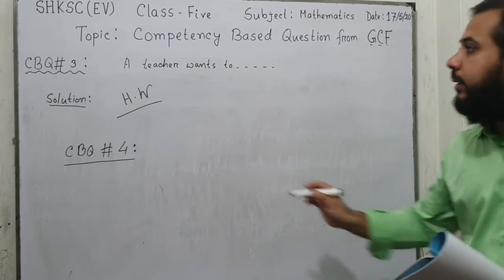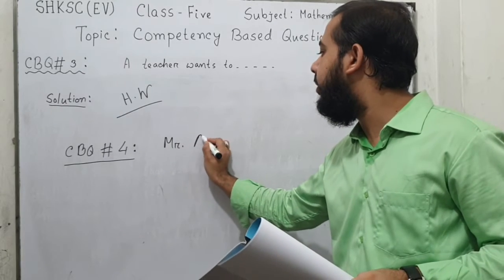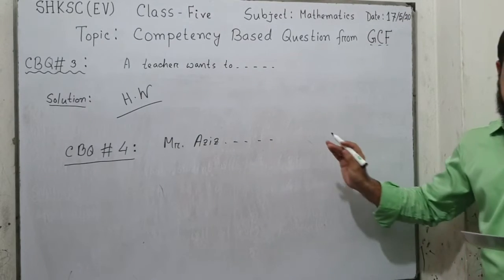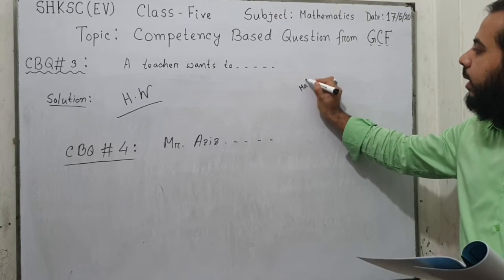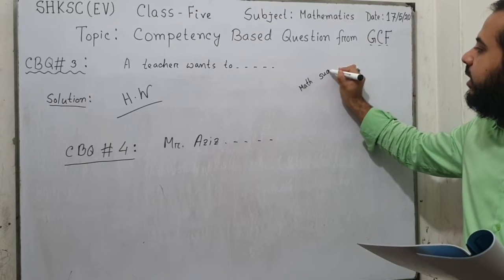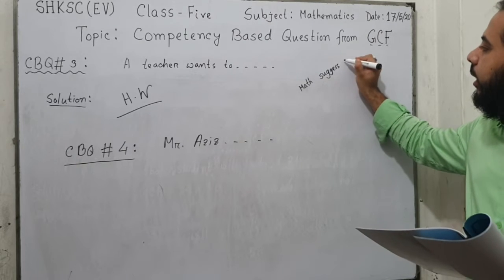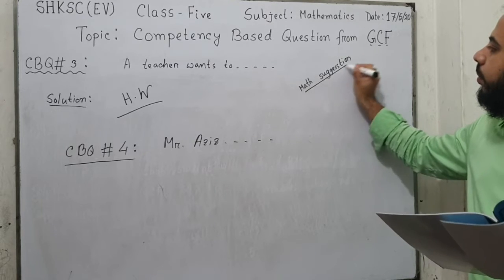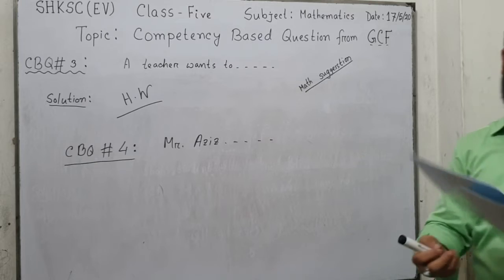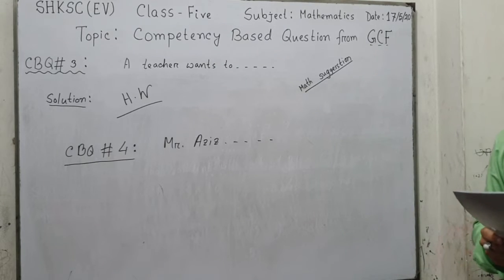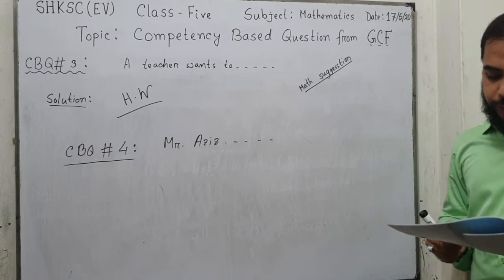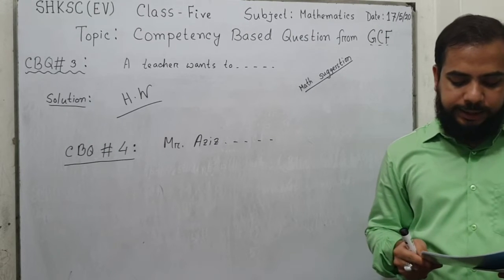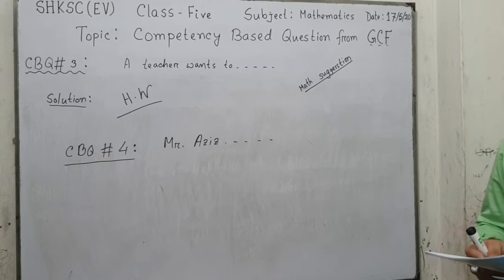You can find these questions in the math suggestion, which I provided in the class before school was closed. Mr. Aziz wants to distribute 45 black, 48 red and 66 yellow color pencils among some students.